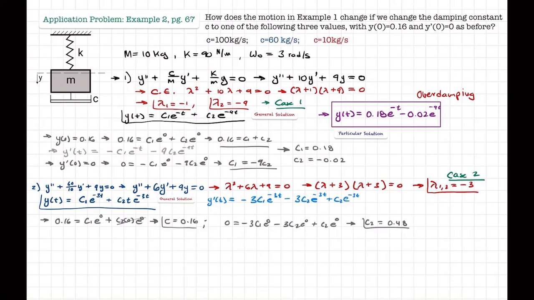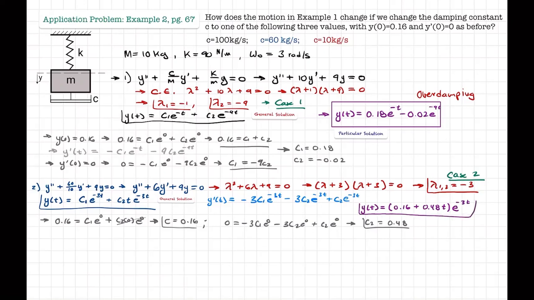So for this specific problem, the final solution, I'm going to write in here: y of t is equal to 0.16 plus 0.48 t, times e to the negative 3t.